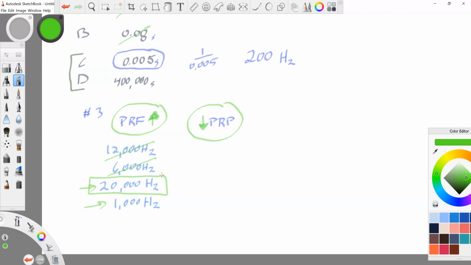And 1 over 20,000 is going to be 0.00005. Now that I've asked the question, I've got to find out, right? 1 divided by 20,000. 0.000, 4 zeros and a 5. 0.00005. 1, 2, 3, 4, 5.